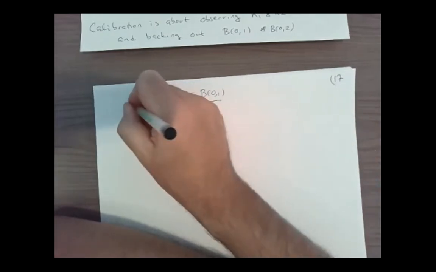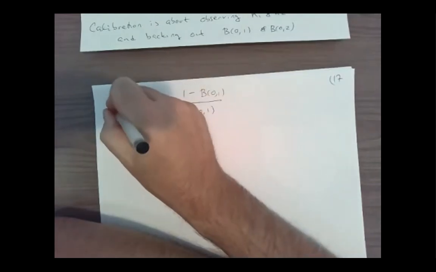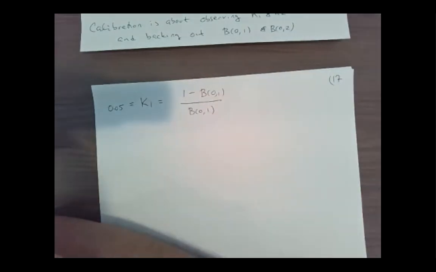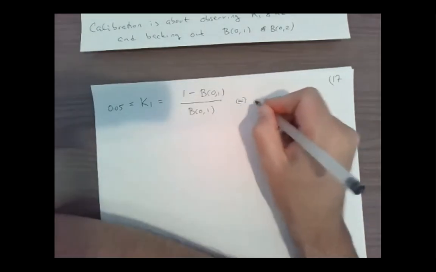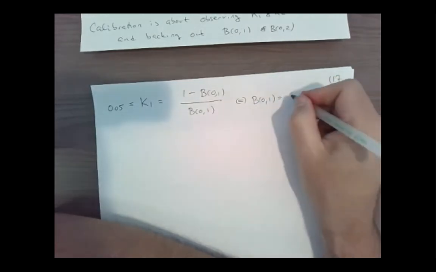And so you know that this here is equal to 0.05. You can solve, you'll get B01. If I did it correctly, it's 0.952.